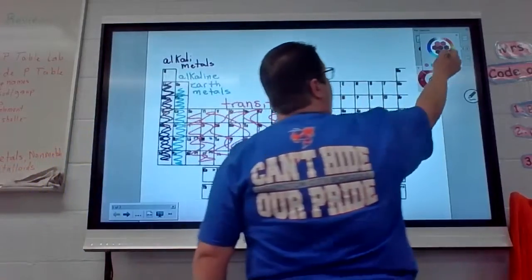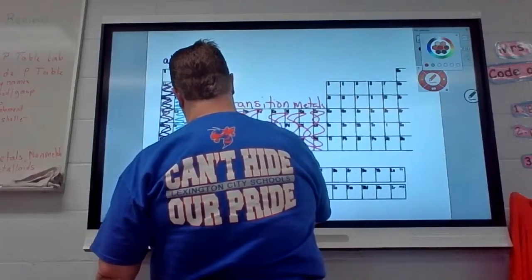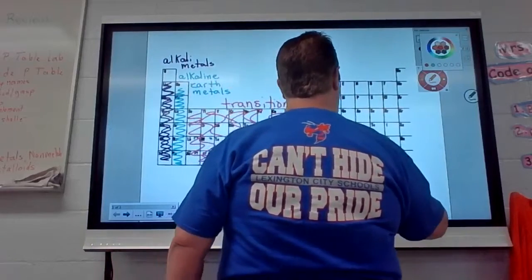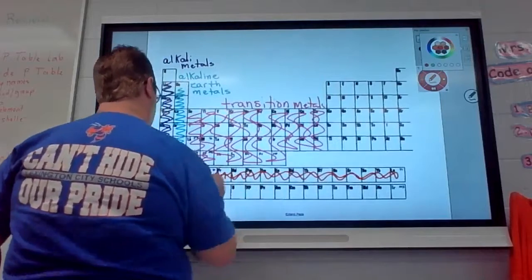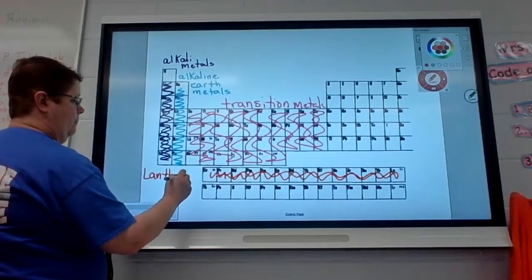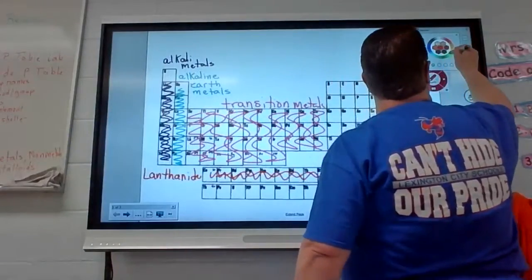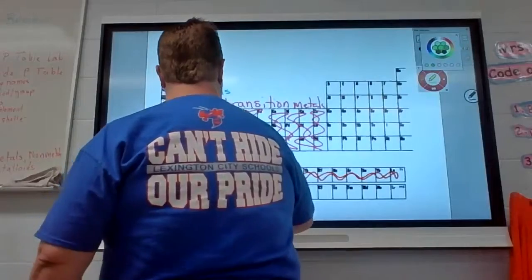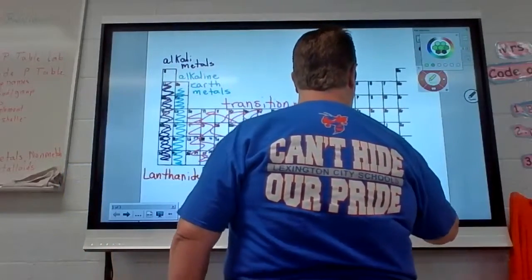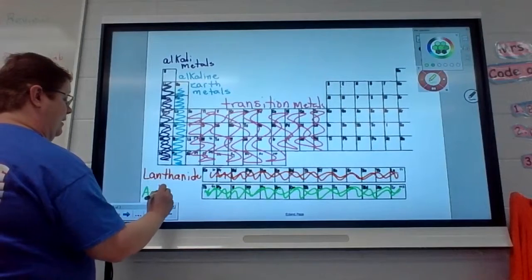Now, at the bottom, if you were paying attention, that's the L word. Those are the lanthanide. Does the spelling count? Within reason. You don't have to be exact, but you can't have only the first letter right and expect to get full credit either. And these are the actinide.